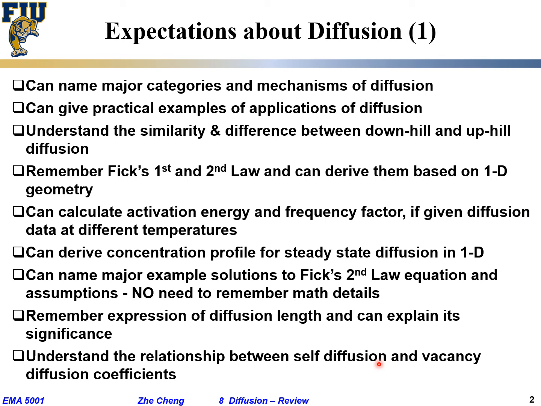And this links the so-called self-diffusion coefficient and the vacancy diffusion coefficient. And naturally, the vacancy diffusion coefficient would be much higher than the self-diffusion coefficient. Because in order for self-diffusion to happen, it needs a vacancy to be nearby. Okay?